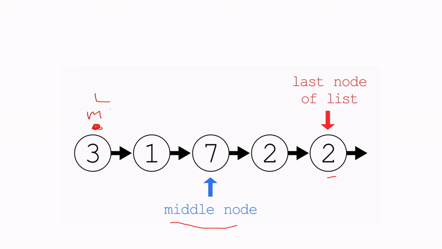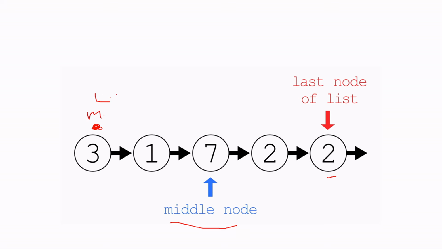But if we have elements like this, we increase the middle by one node with next, and the last node will increase by two nodes, or some people also say fast and slow. You can consider the middle node as slow, and the last node as fast.